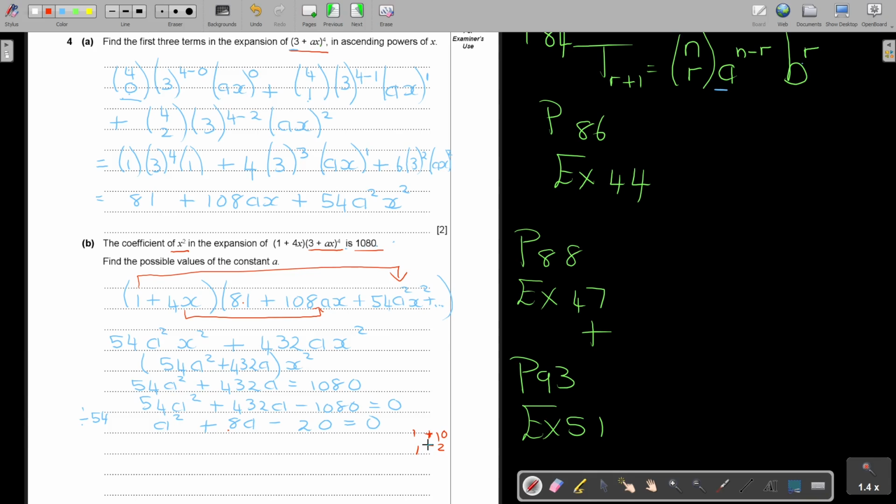So then I will get a plus 10, a minus 2, and that's equal to 0. And if I simplify it, I will get a is negative 10, or I will get the value of a is 2. And that's my final answer.